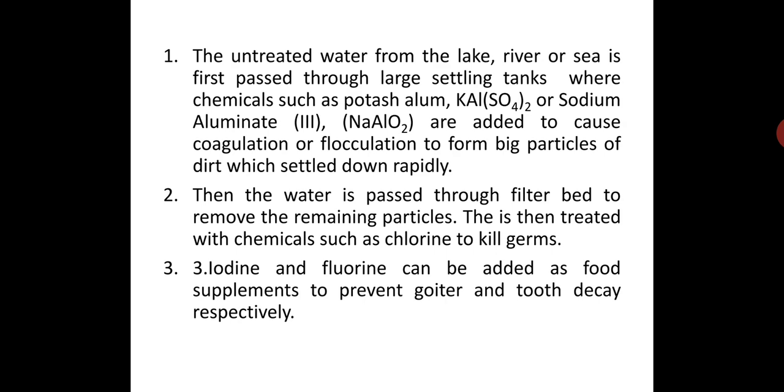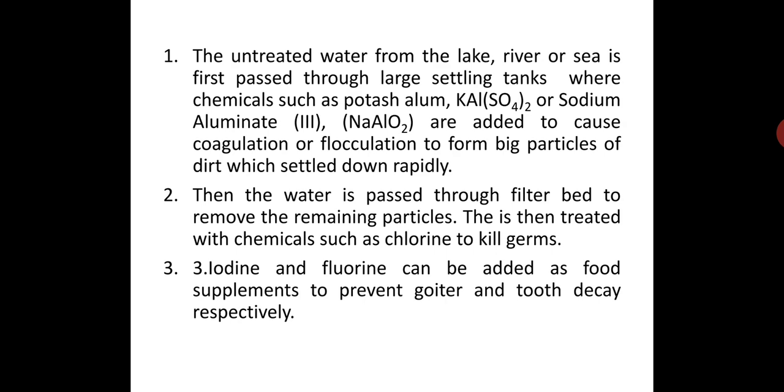2. Then the water is passed through a filter bed to remove the remaining particles. It is then treated with chemicals such as chlorine to kill the germs. Number 3.